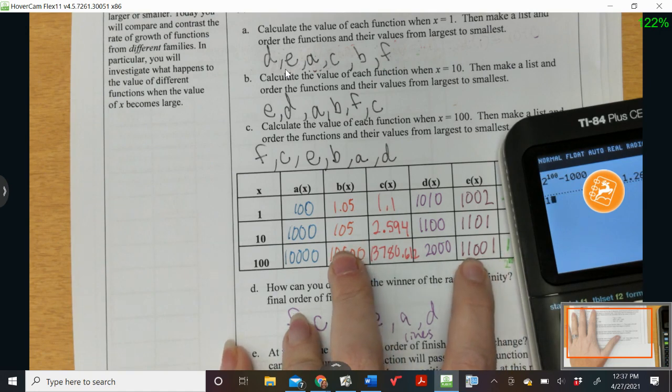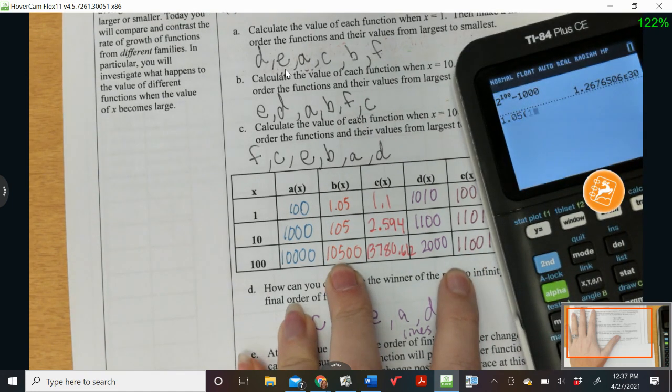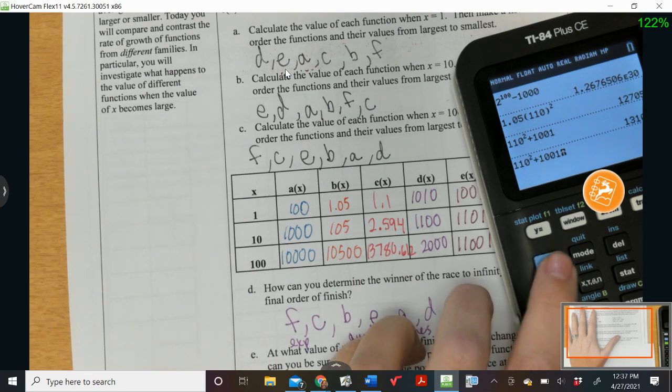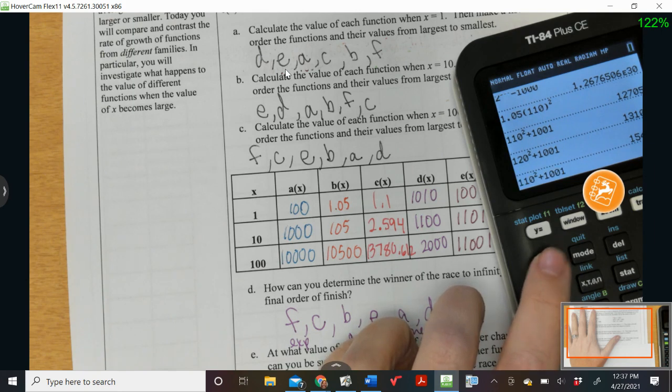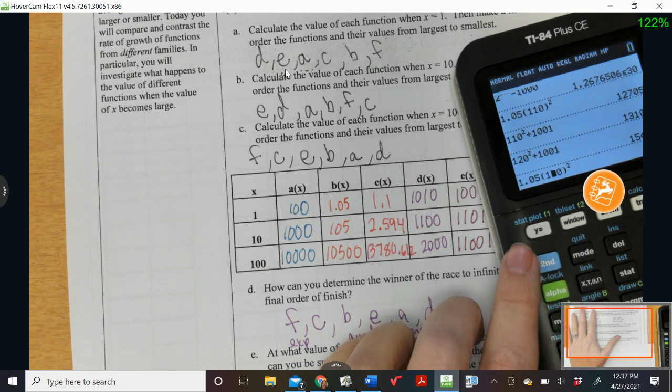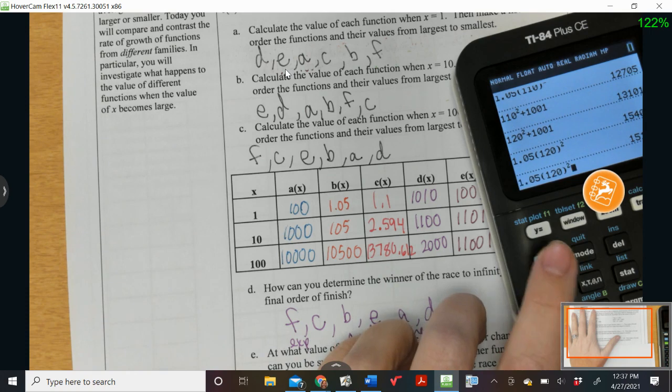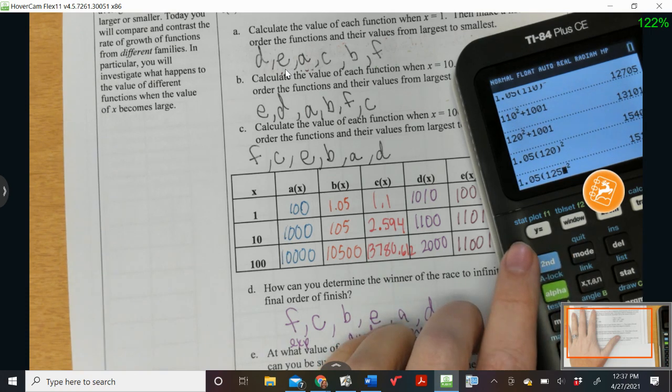So 1.05 x squared, let's try 110. And then 110 squared plus 1. No, not quite. Let's try 120. Close. 125.